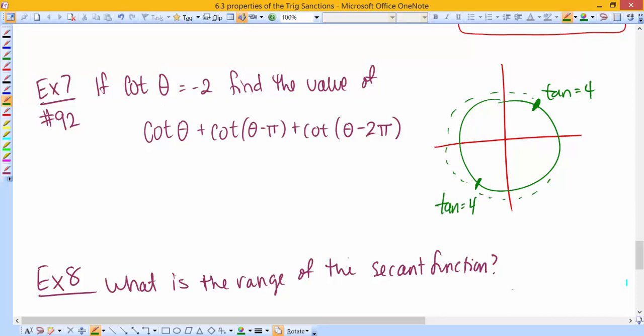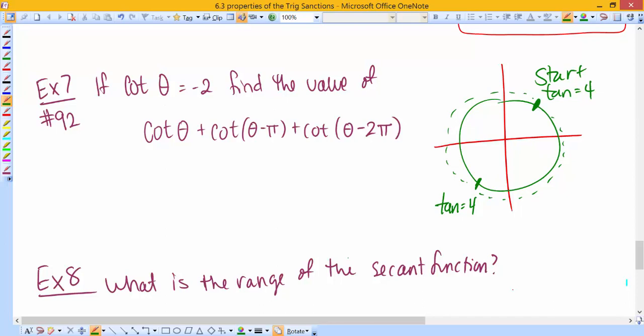Then I keep going, and now I'm at 360 degrees, I'm back at 4. So every 180 degrees, your tangent is going to repeat itself. Same with cotangent. So what we have to understand here is when I see theta minus pi, well, let's pretend my theta is here where I started. Let's call this the start. Let's say I start here and I subtract pi. That means I'm going to go down, but I'm going to go down a half of a circle.